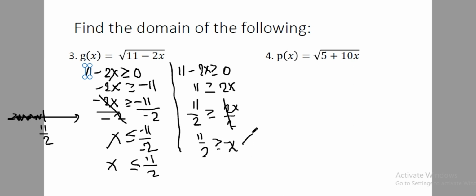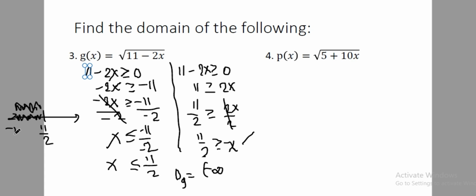Now on the other hand, for this one, 11 over 2 is greater than or equal to x, meaning 11 over 2 is greater than. If 11 over 2 is greater than, therefore the x values must also be here. So either of these two solutions have the same answer. So therefore, the domain of g is from negative infinity.